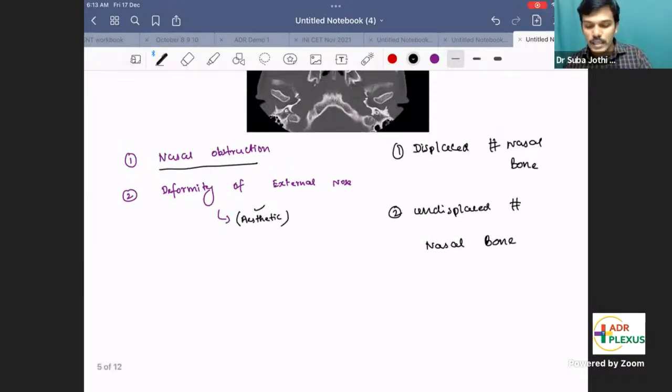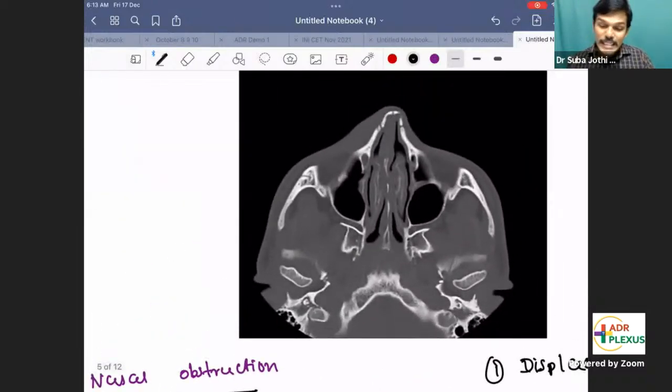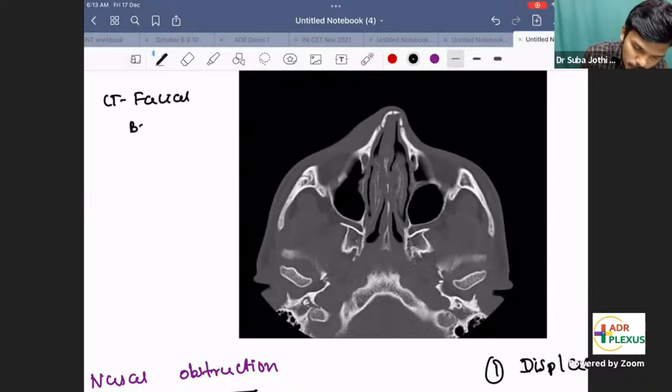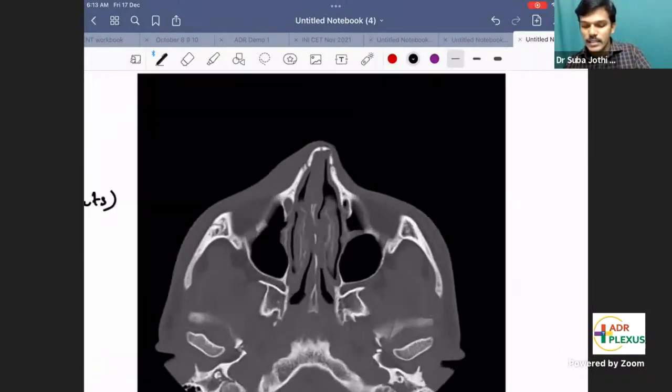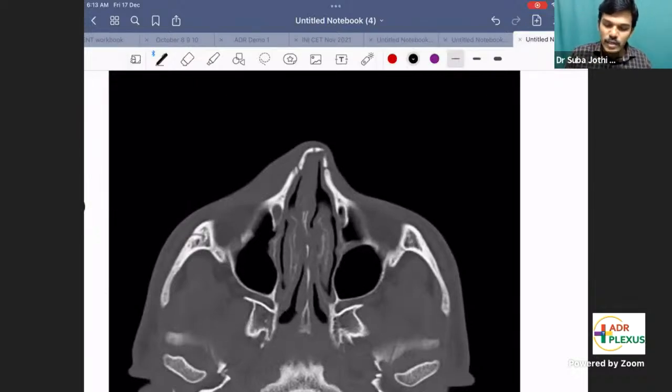So let's look at this CT facial bone with axial cuts. Here, this is the area we should look at for nasal bone fracture.